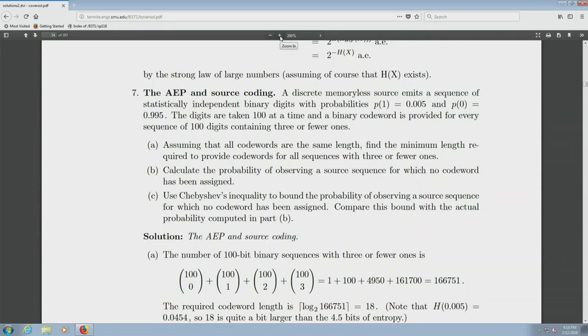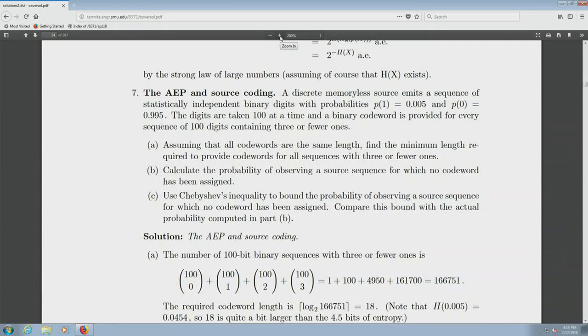The digits are taken 100 at a time, and a binary code word is provided for every sequence of 100 bits containing 3 or fewer ones. Right.